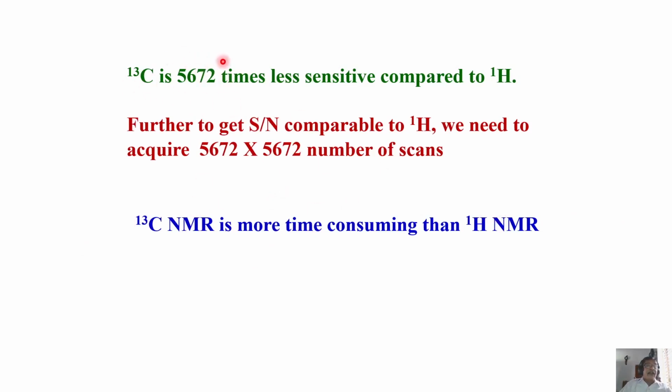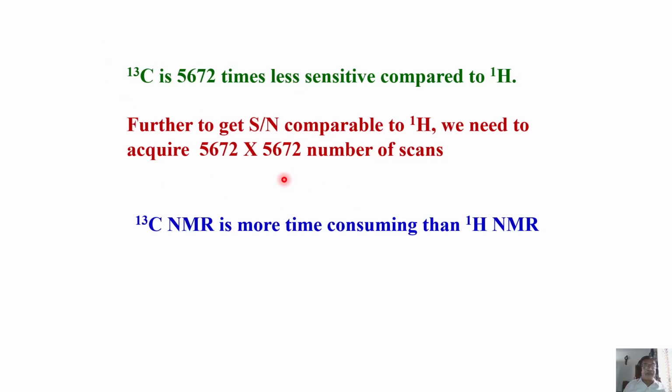This is 5672. Let us say in one scan, one accumulation, when I send one RF pulse, I'll get a proton spectrum of particular signal to noise ratio. For the same signal to noise ratio, if I have to get the carbon-13, taking sensitivity, gamma, and abundance into account, I have to acquire this many number of scans. I have to send that many number of pulses and collect the signal.